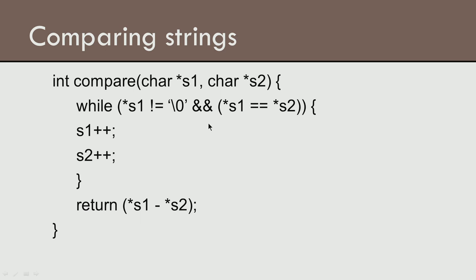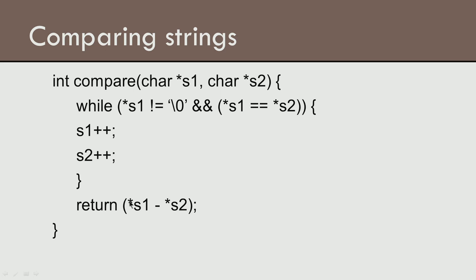If the end of string of S1 is reached, or if the character pointed to by S1 and the character pointed to by S2 are different, then control will exit from this loop. As long as both these conditions are satisfied, inside the loop the pointer value is just incremented by 1 unit, in this case by just the address of 1 byte.